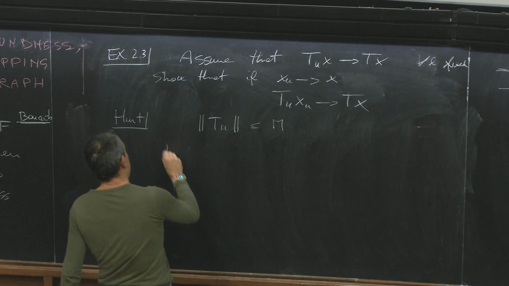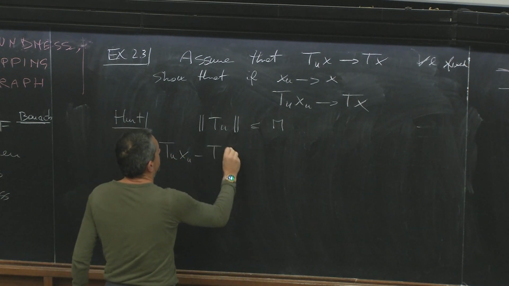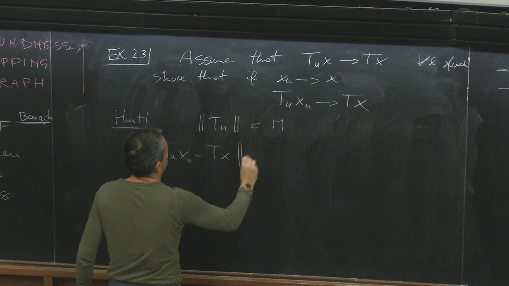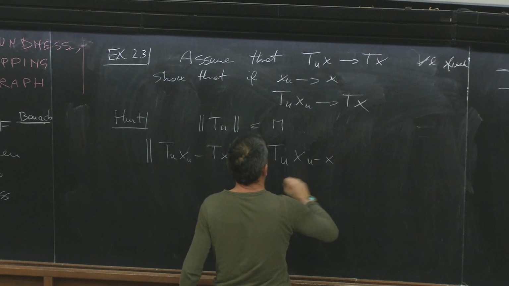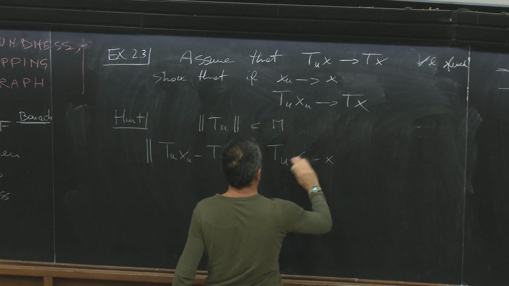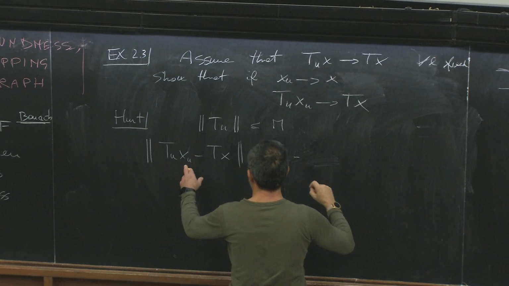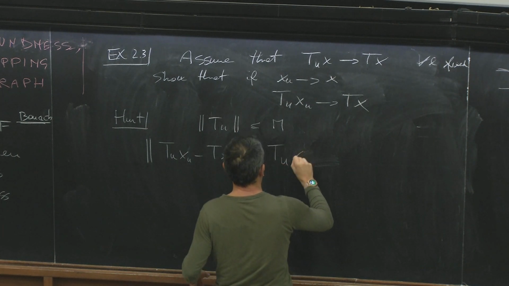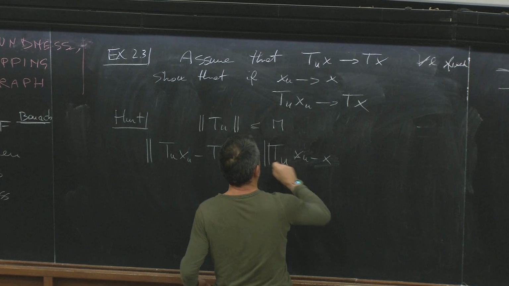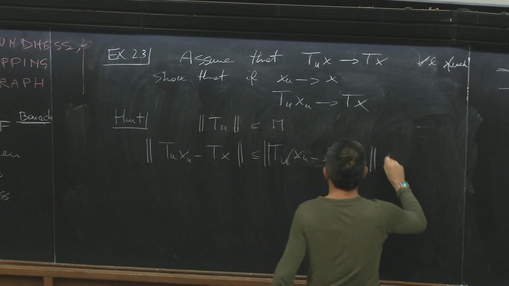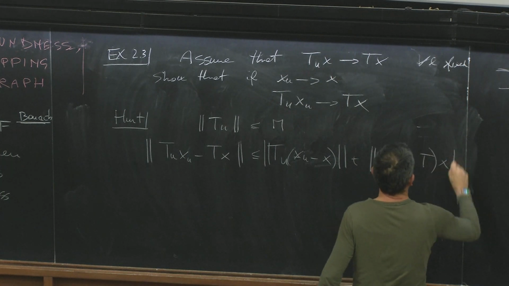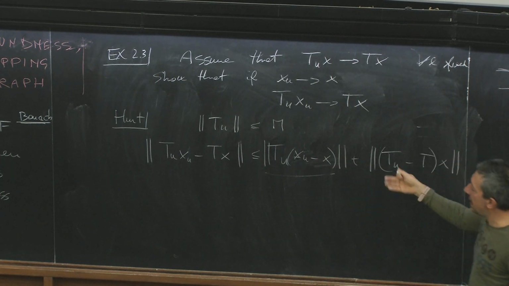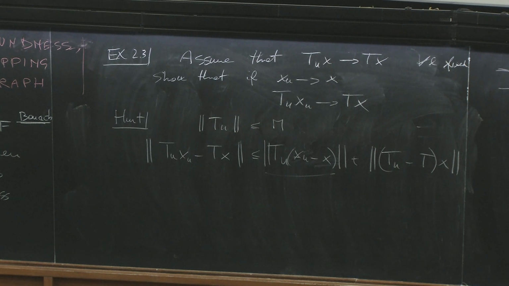And then I just write the triangle inequality: Tn xn minus Tx, which is Tn(xn minus x) plus (Tn minus T)x. And then this guy is less than M, the bound, times the difference in the norm. Okay, you see? This was easy.